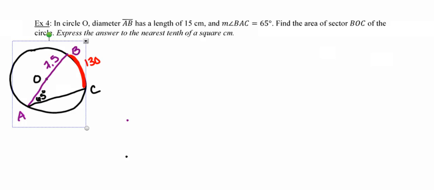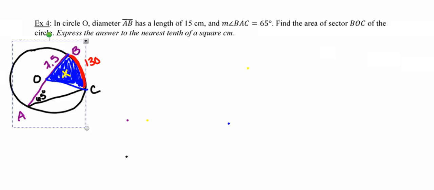So it says find the area of sector BOC and express your answer to the nearest tenth. So that's the sector, or that's the piece that I'm looking for the area of.